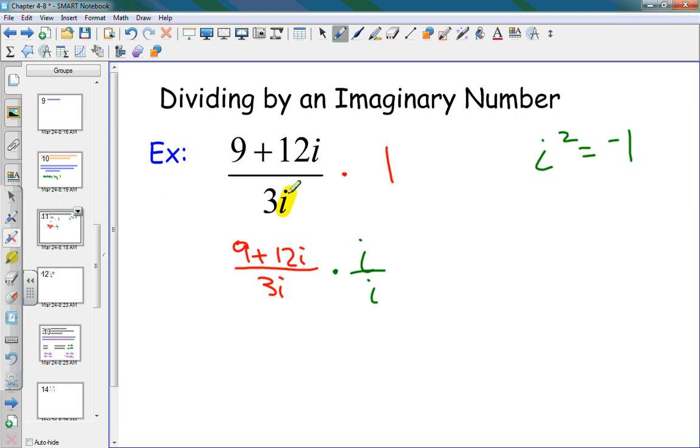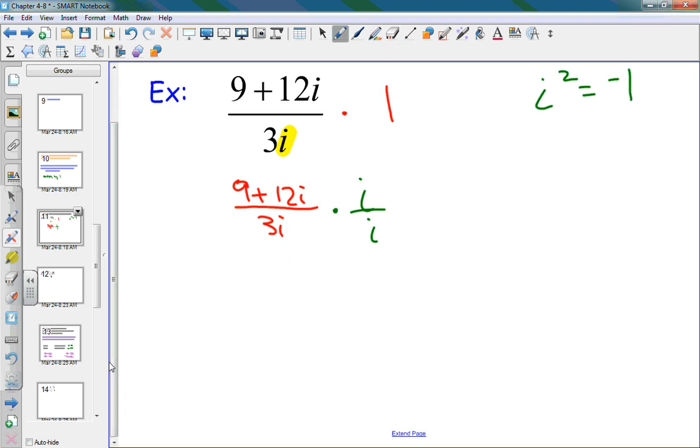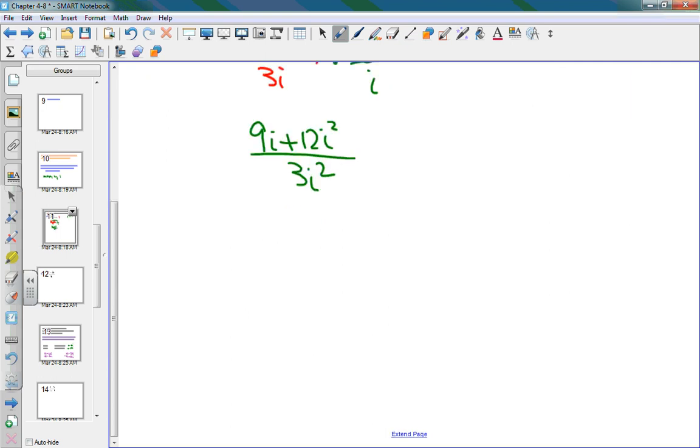Why? Because i divided by i is 1. And 3i times i is going to give me 3i squared. So I'm going to put the parentheses on the top, distribute this, 9i plus 12i squared over 3i squared. 9i stays. i squared is going to give me what?